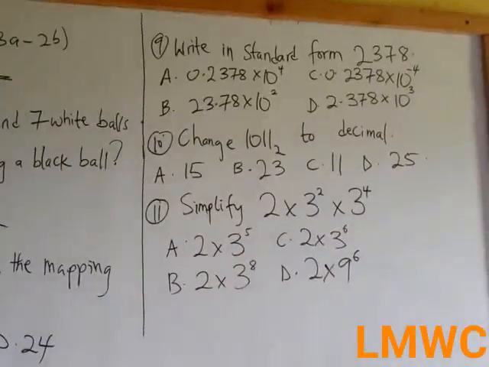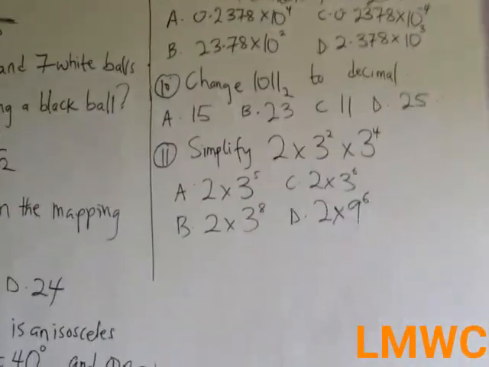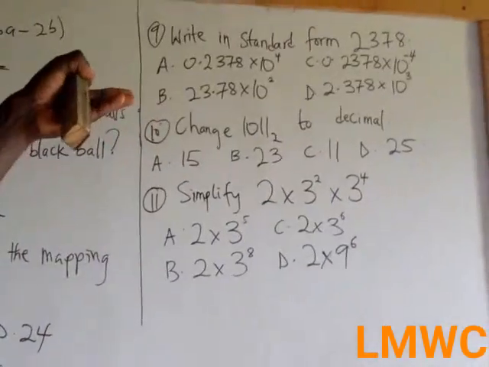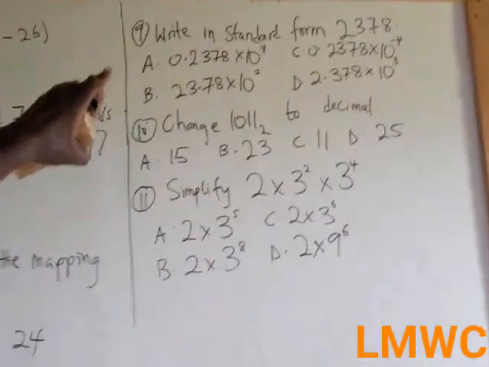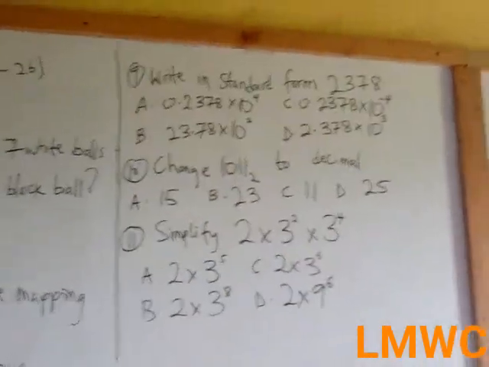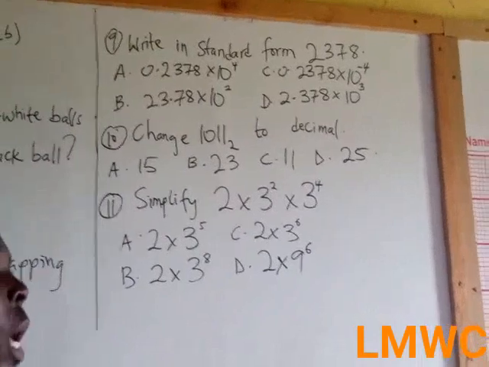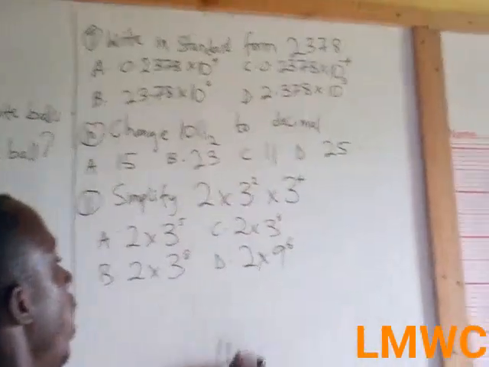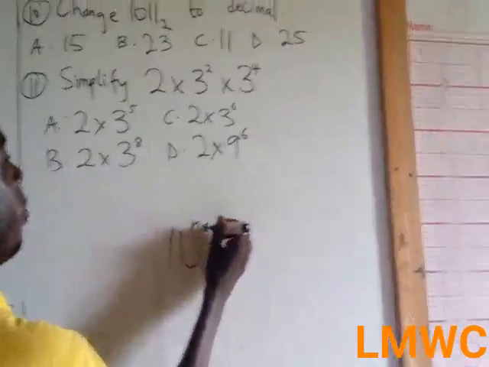Question 9. This is standard form. Write in standard form. You see, this time they didn't give you any point in this number. Always for standard form, whenever we count our decimal places to the right, the power becomes negative.